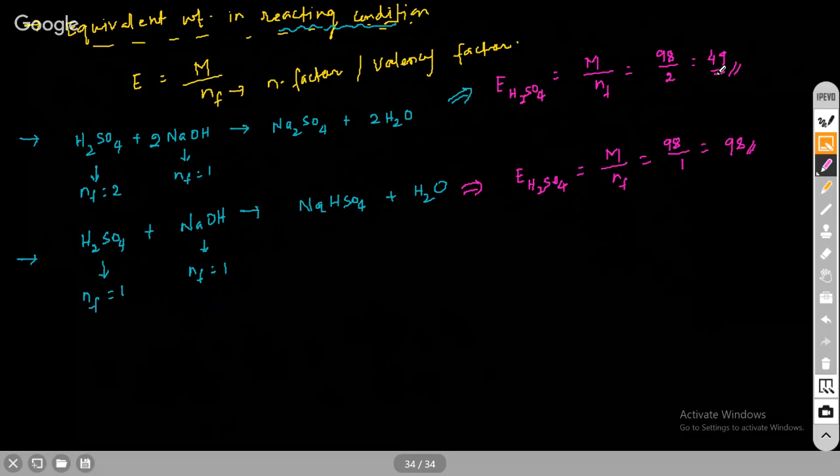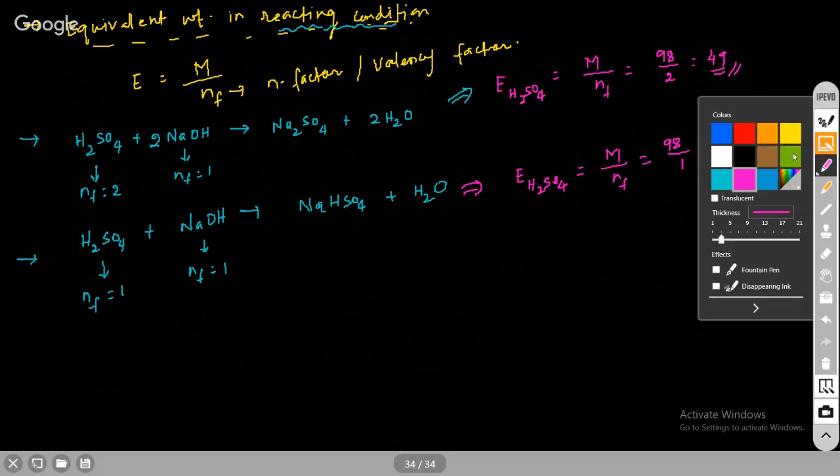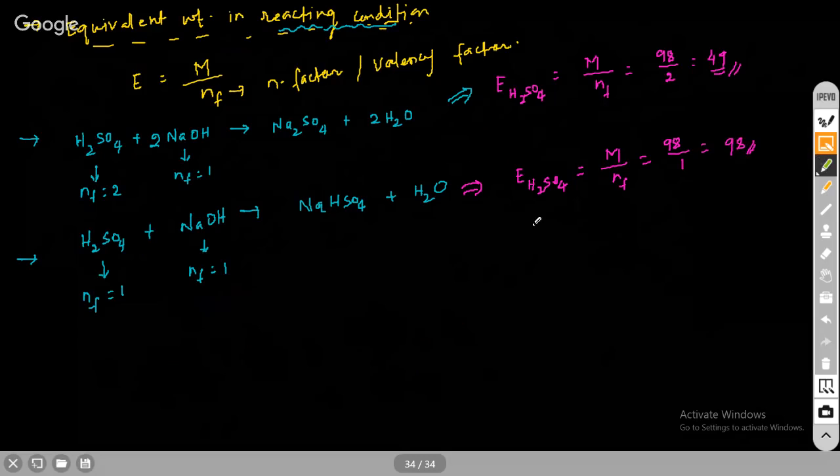Okay. One more thing you see, just now we have established the relation of normality and molarity. So normality is equal to molarity into N factor. This normality is number of equivalents divided by volume in liter.